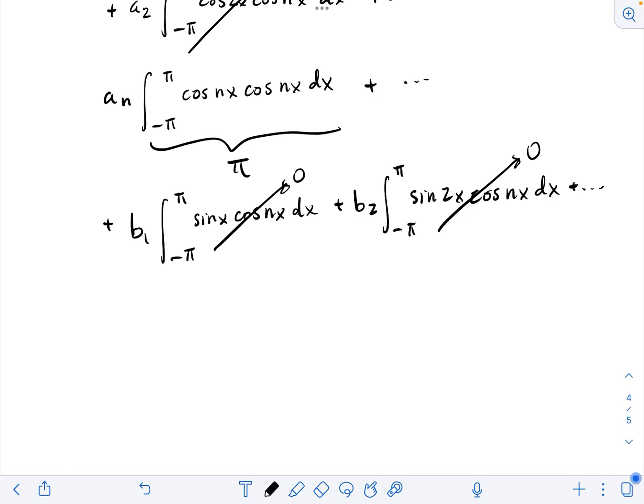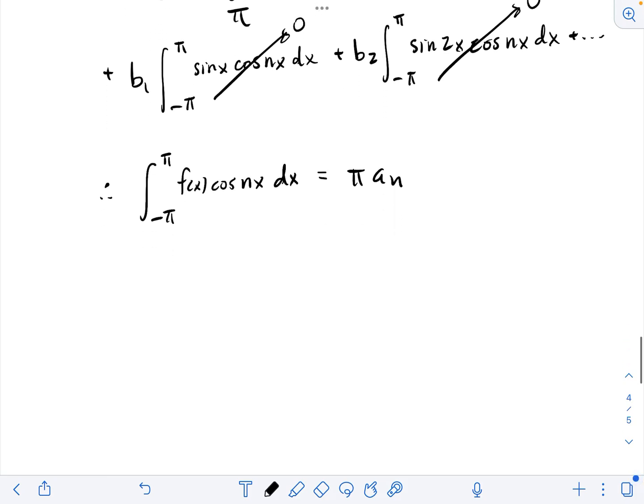And therefore what we get is that the integral from minus pi to pi of f of x cos nx is equal to pi times an, or what we're really trying to do is determine these a coefficients.